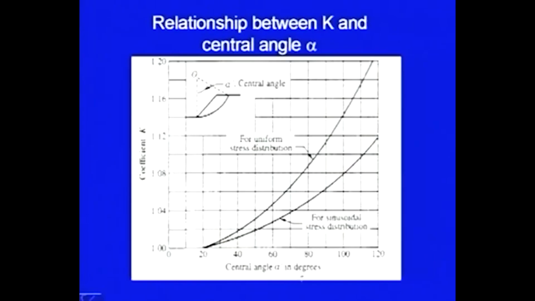Here we have the central angle and the coefficient k, and this coefficient k varies from 1 to 1.2 depending on the central angle. So one can find the coefficient k and then draw the modified circle.